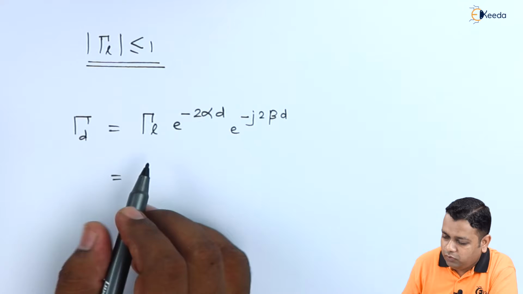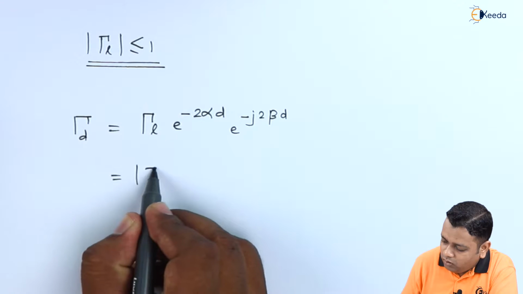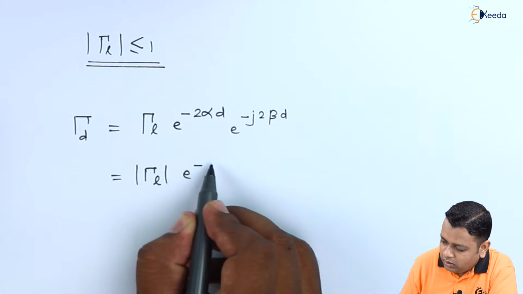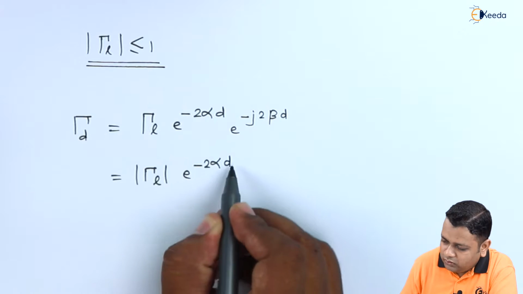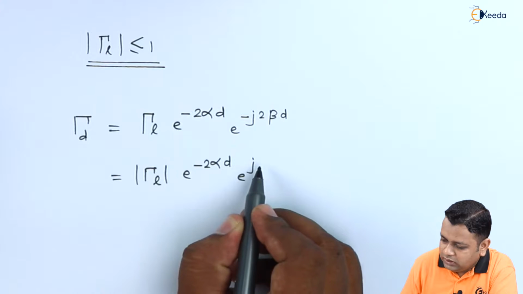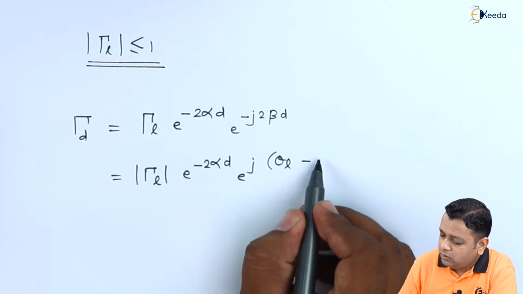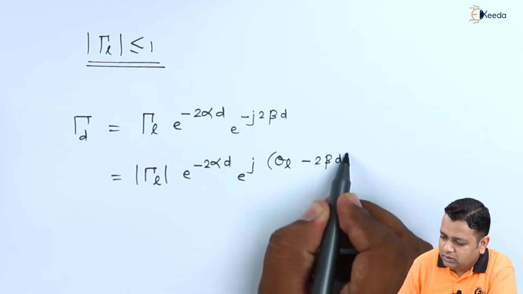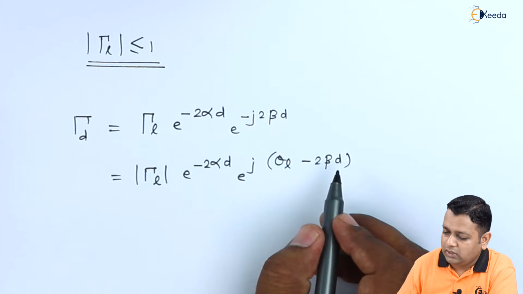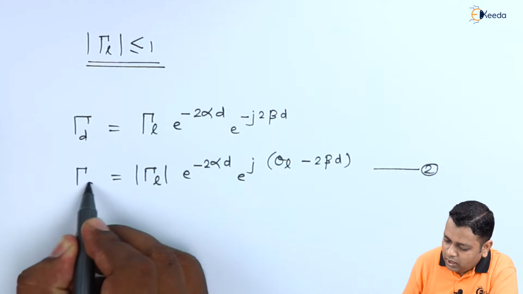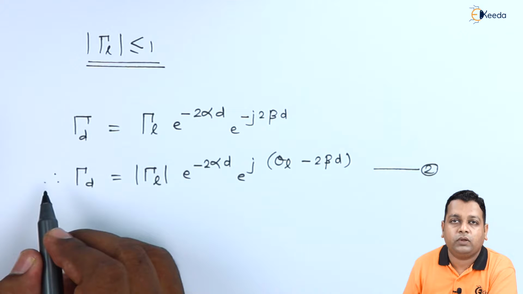So this gives us the form of the equation as mod of gamma suffix L into e to the power minus twice alpha into d, into e to the power j times, in the bracket, theta suffix L minus twice beta d here. Let this be regarded as equation number 2 for gamma suffix d here.